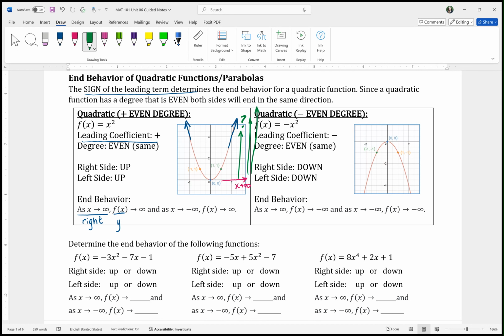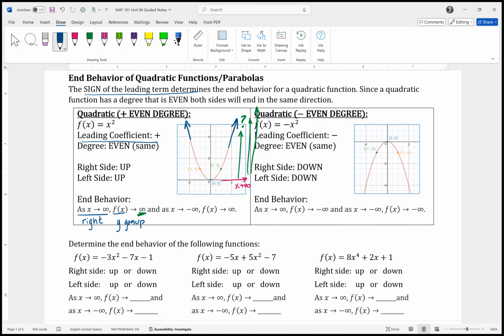Those numbers are going to go bigger, bigger, bigger to positive infinity. So this is saying as we go to the right, our y values go up. Y goes up. Let's see if I can squeeze that in there. Okay, all right, so that's that direction.